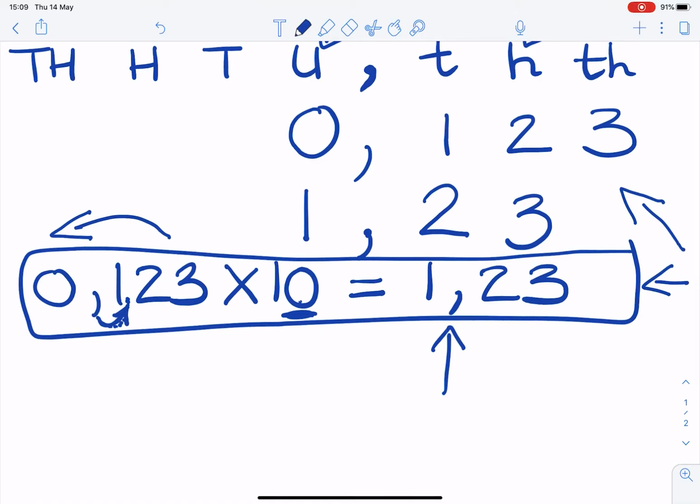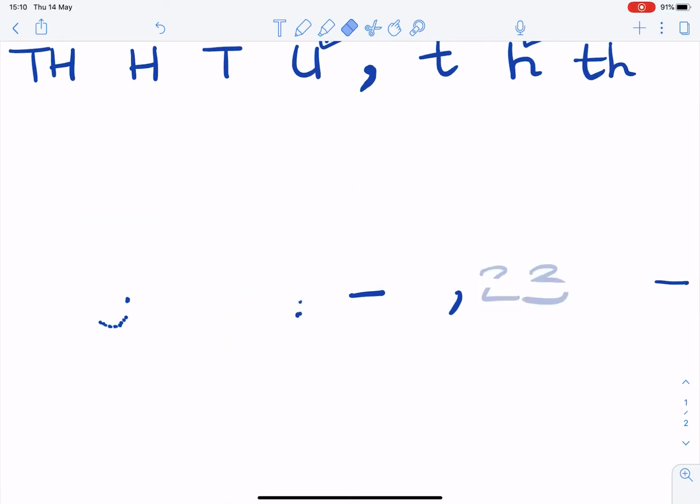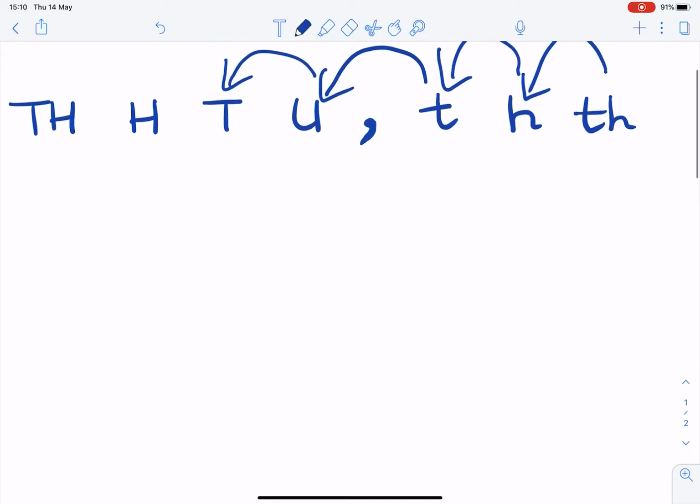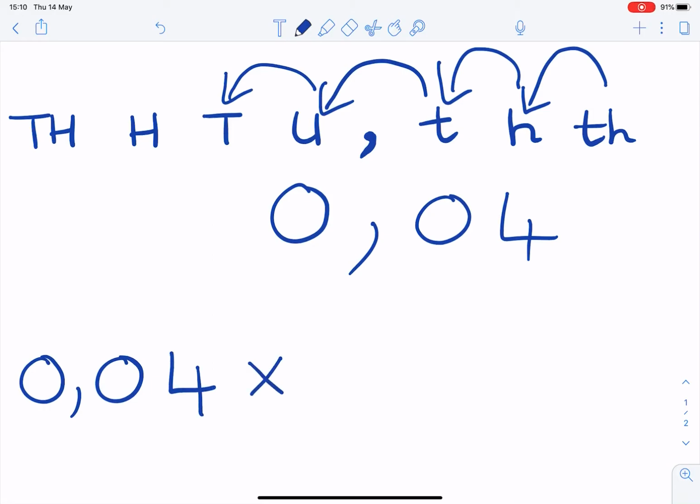Let's look at another one. Let's take the number 0,04. And let's multiply it by 100. So 0,04 multiplied by 100.